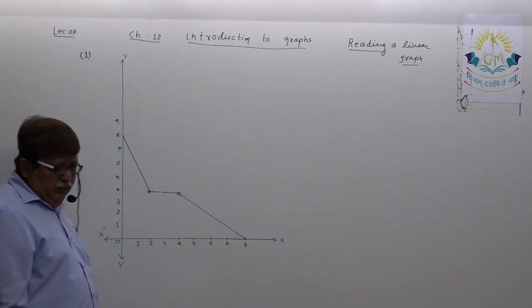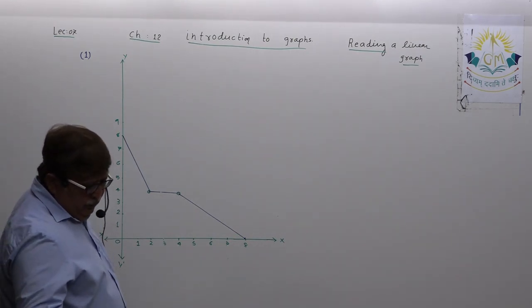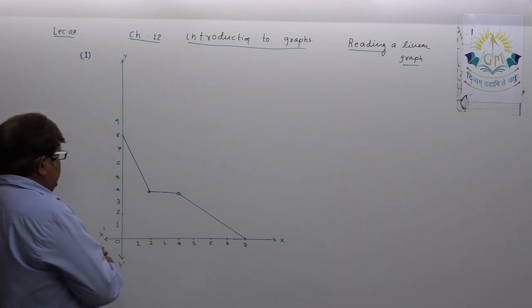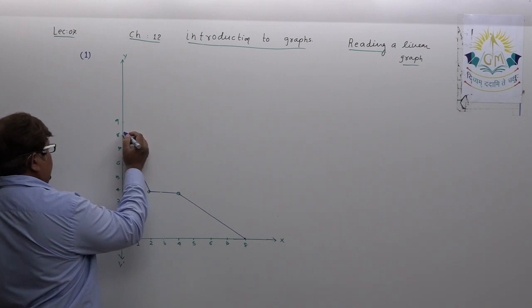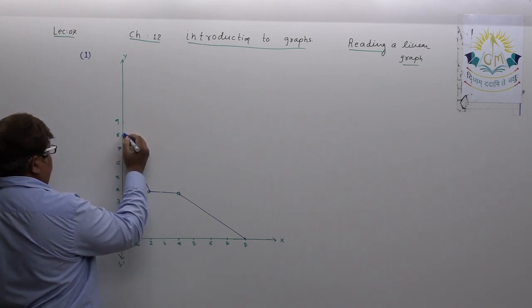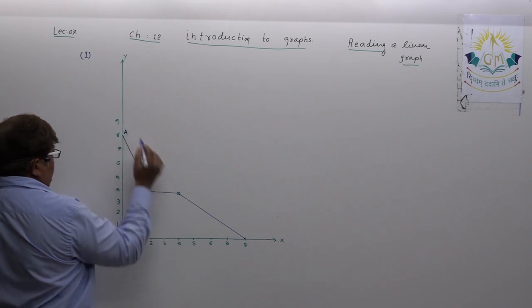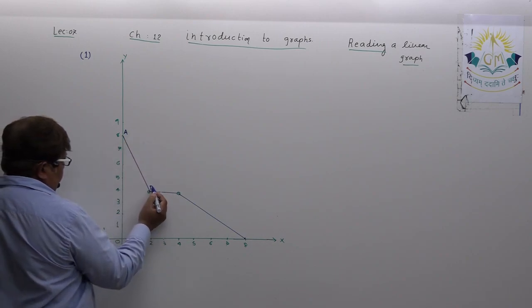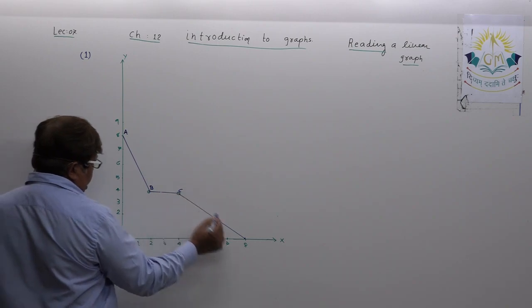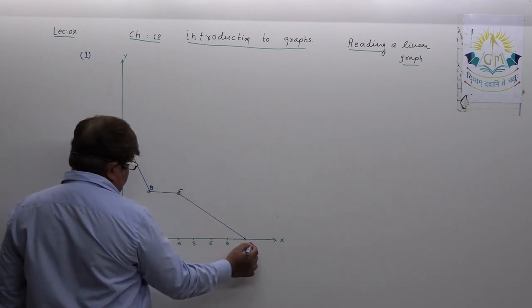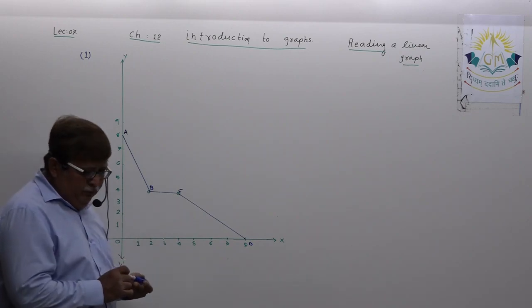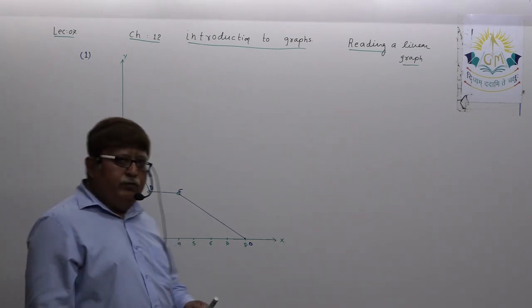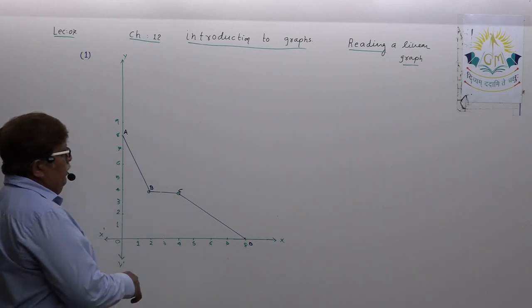Now, dear student, as far as this particular graph is concerned, I would like to name the points because I am adding some more to the given graph. I am just naming these points as A, B, C and D, so that I can raise a few more questions for you in this graph.